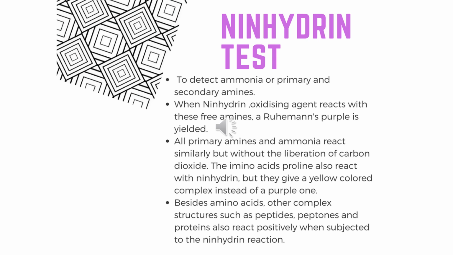The amino acid proline also reacts with Ninhydrin, but gives a yellow color complex instead of a purple one. Besides amino acids, other complex structures such as peptides, peptones, and proteins also react positively when subjected to the Ninhydrin reaction.